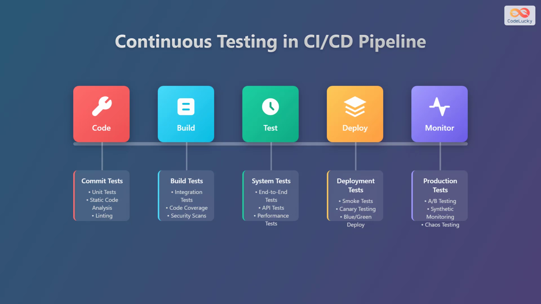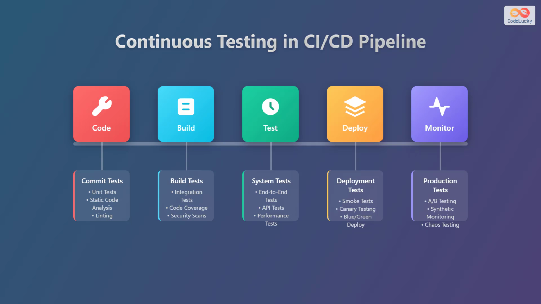Continuous testing in the continuous integration and continuous delivery pipeline. The pipeline includes the following stages: code, build, test, deploy, and monitor. In the code stage, commit tests such as unit tests, static code analysis, and linting are run. In the build stage, build tests such as integration tests, code coverage, and security scans are run.